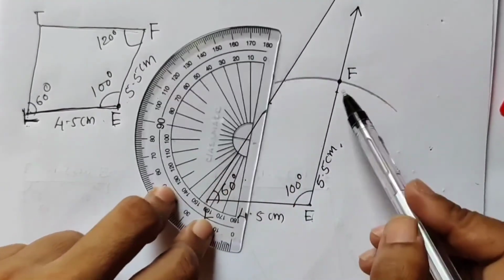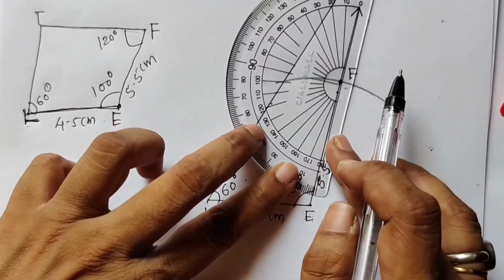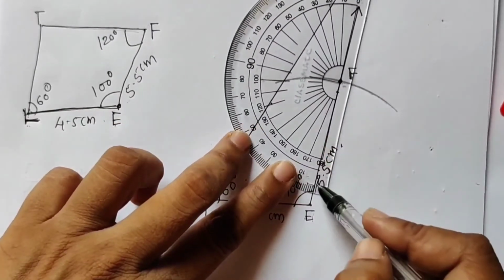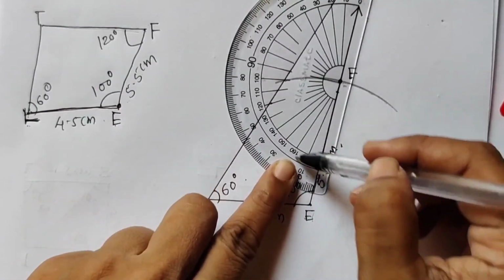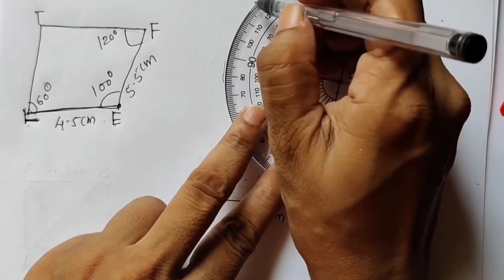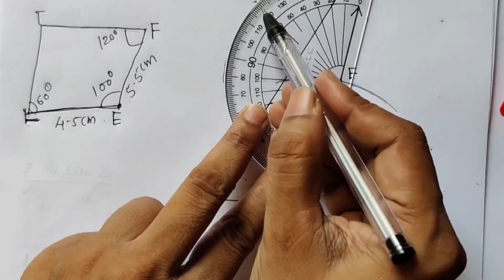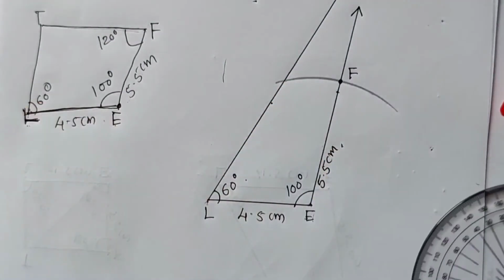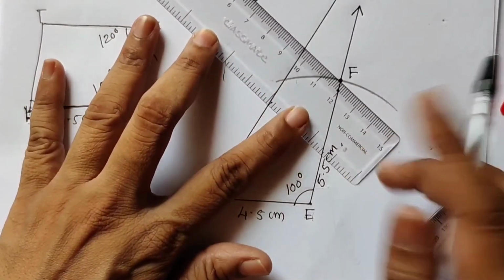We have to count from downside, because EF is downside. So count the 0 from the downside. This 0. Okay. So 120. Where is 120? 0, 10, 20, 60 like this. 120 comes here. Can you see? Here it is 120. Now draw a ray from point F.